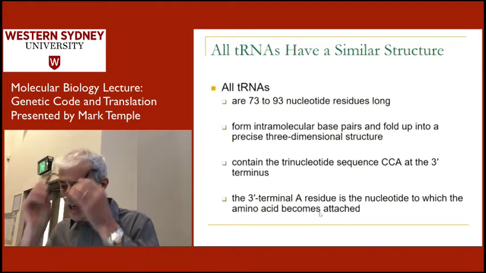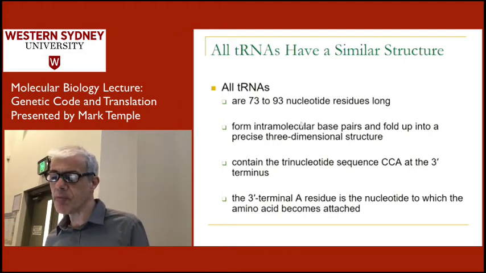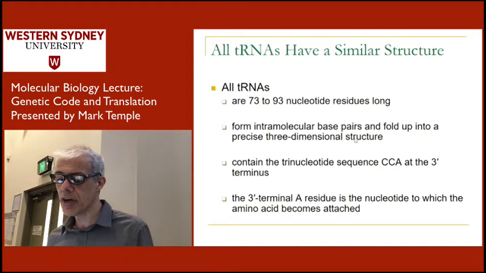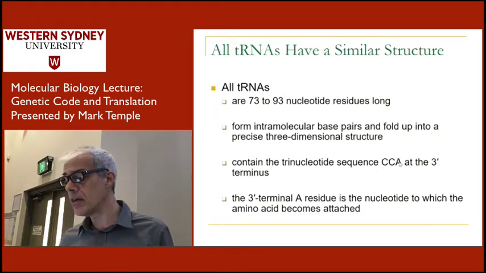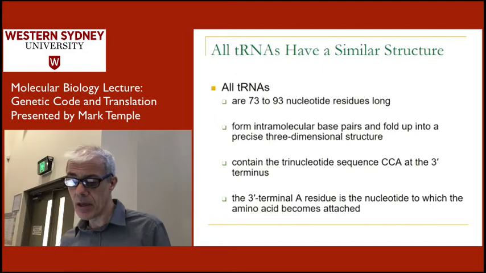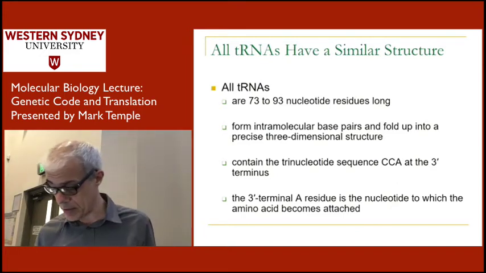They all have intramolecular base pairing to form this common three-dimensional structure. They all have a 3' terminus which ends in the bases CCA, and it's the A residue at the end where the amino acid will be attached. As it says here, the 3' terminal A residue is the nucleotide to which the amino acid will become attached.